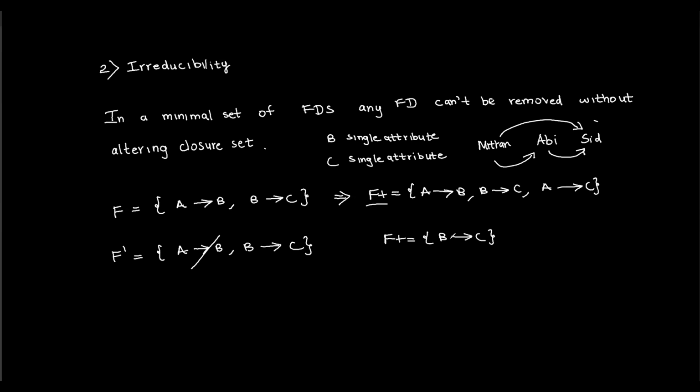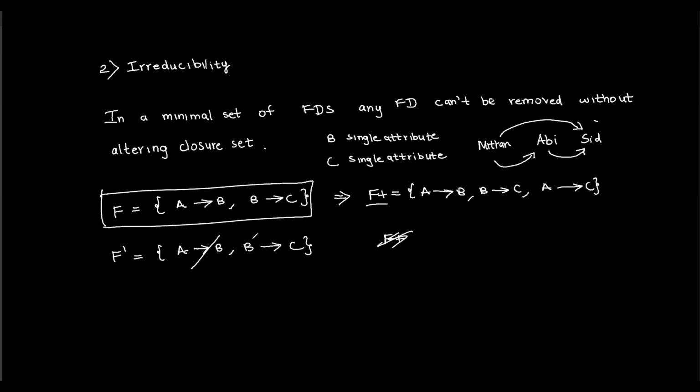Well, you can't derive anything without A functionally determines B. You can't derive A functionally determines C. So this will alter F plus. Therefore, I can say F itself is already a minimal set. So I can't remove any FD. That's the story behind this.